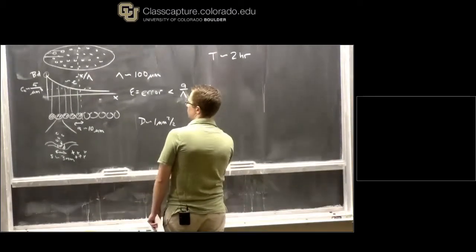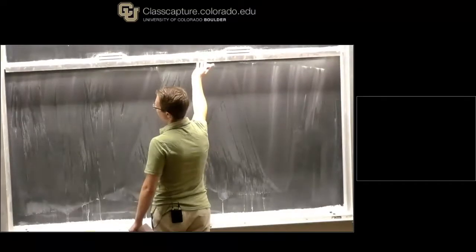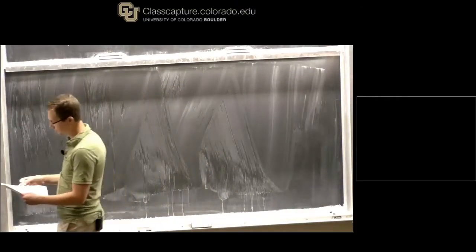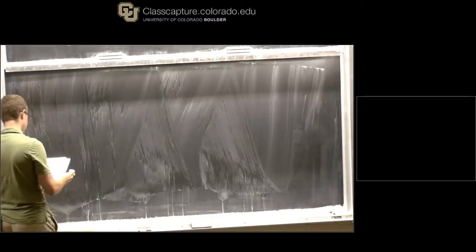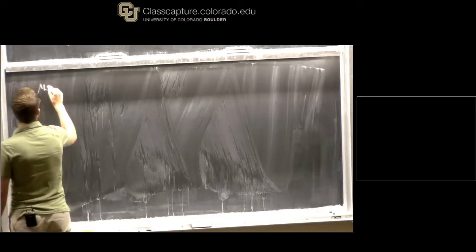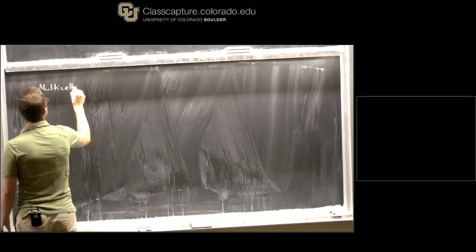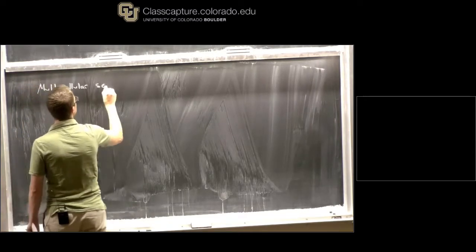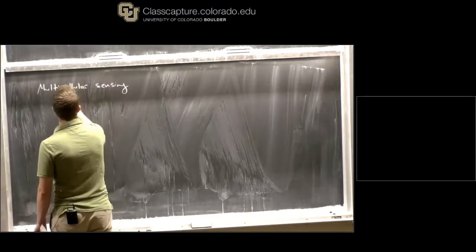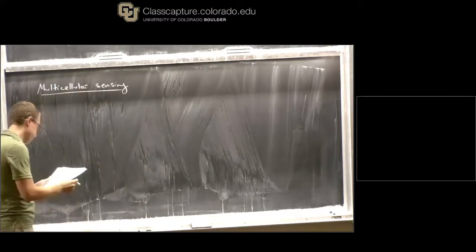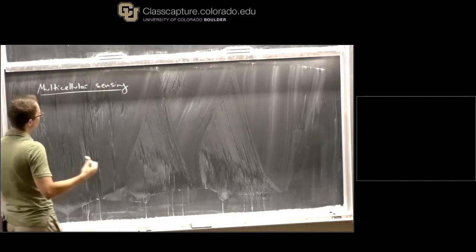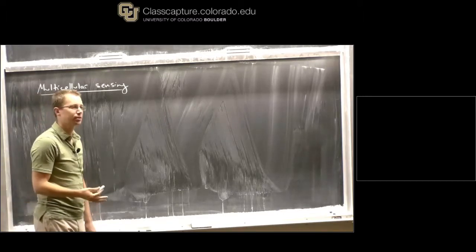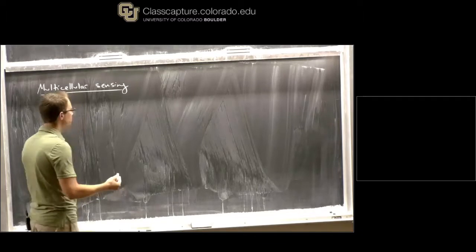So I want to broaden our discussion to multicellular sensing. Okay, so the general question is, how does cell-cell communication modify the sensory limits that we've derived so far?